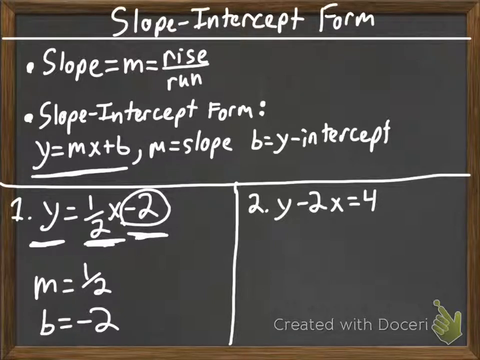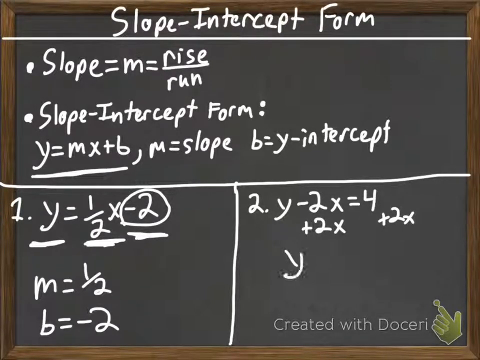In our example 2 over here, we see that it's y minus 2x equals 4. Well, that's not in slope-intercept form, but we know how to turn it into slope-intercept form. So what we need to do is move that 2x over. And it's a minus 2x, so we add 2x. And remember, we cannot add these two together because they are not like terms.